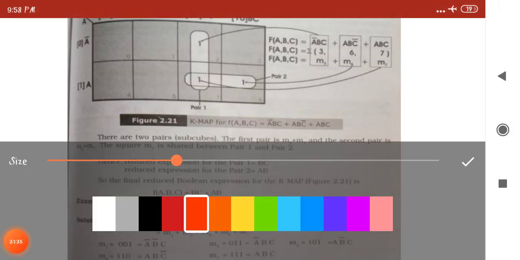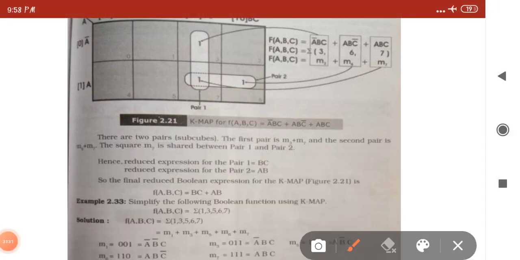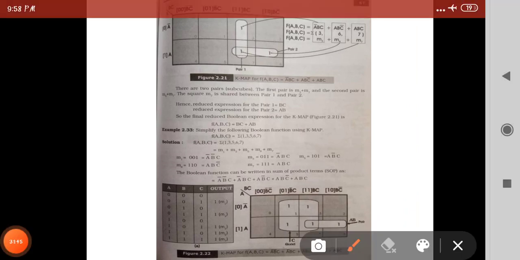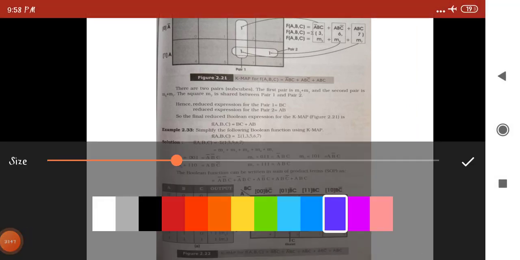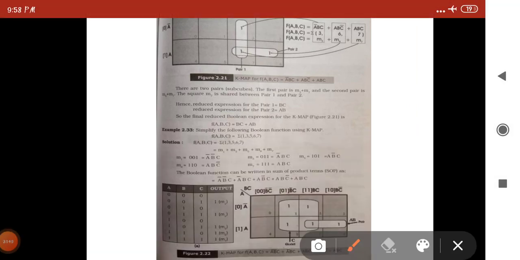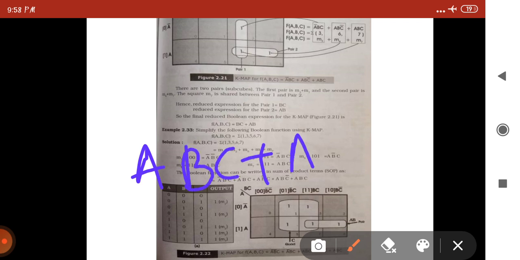For example, first pair is A BC plus A BC bar. Correct.